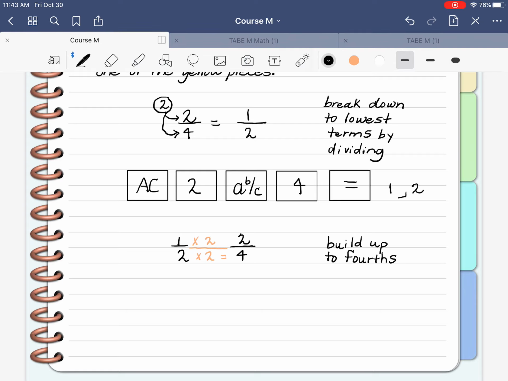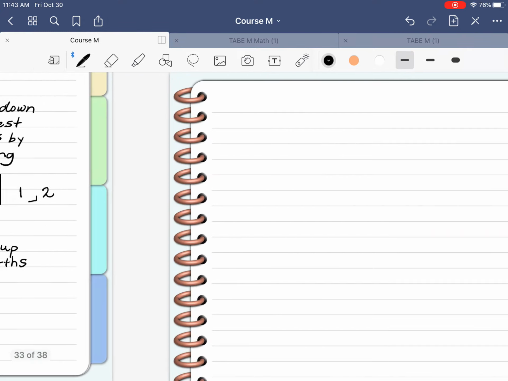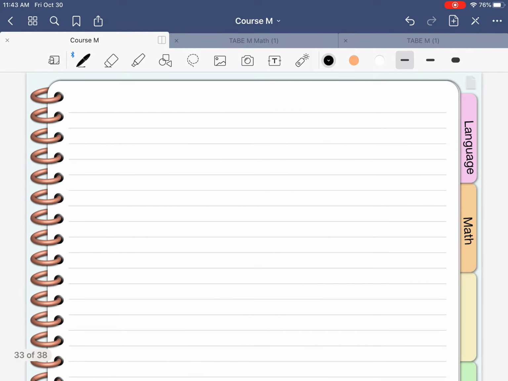Okay, let's practice some of these. I want you to find equal fractions by reducing.